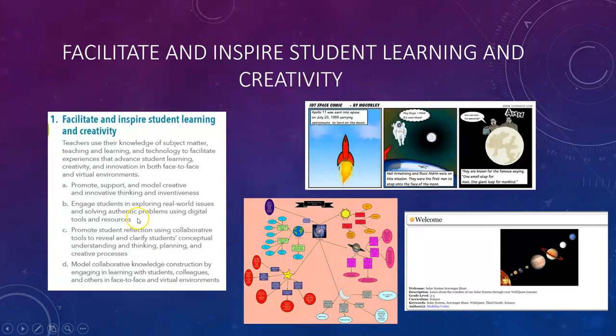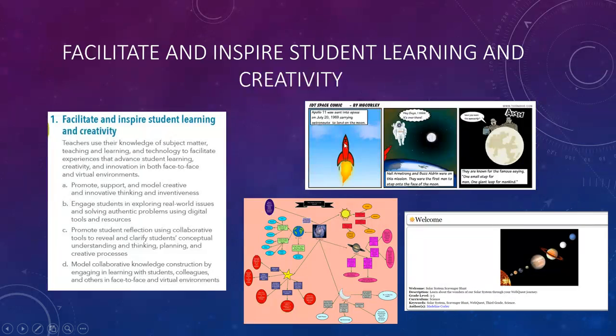But it also mostly helps to promote, support, and model creative and innovative thinking and inventiveness. And it could also be promoting student reflection using collaborative tools to reveal and clarify students' conceptual understanding, because basically it gathers all of their thoughts together and shows it on one big picture.